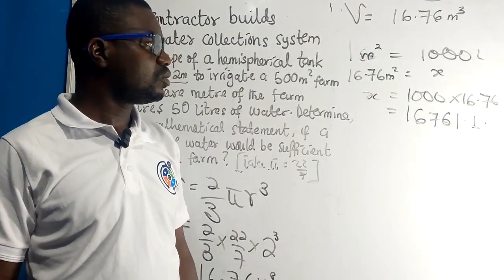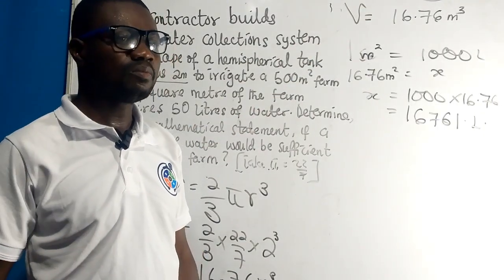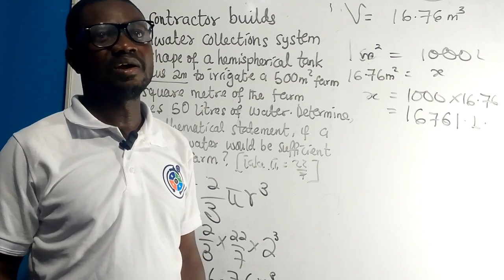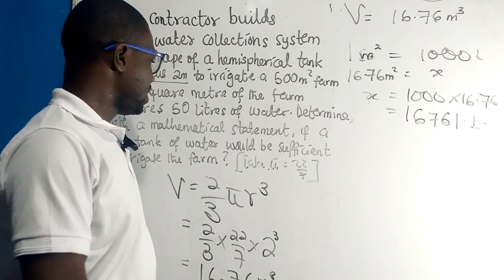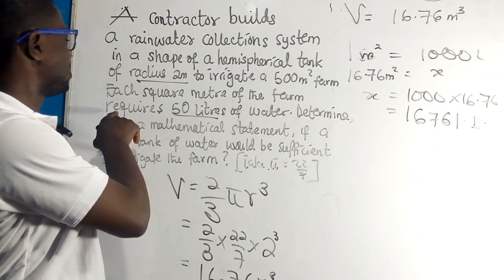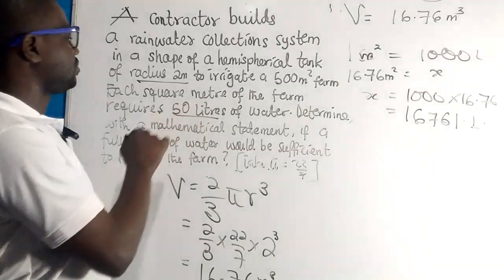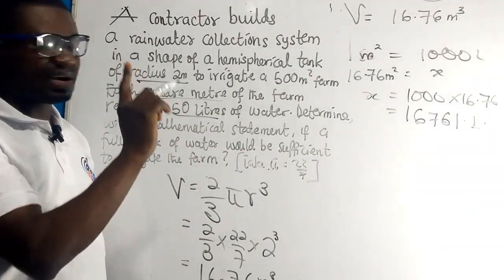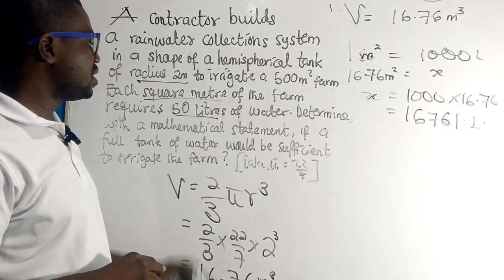Now, we need to know how much of the field the amount of water can cover. So in the question, it says each square meter requires 50 liters of water. It means 1 square meter is taking 50.